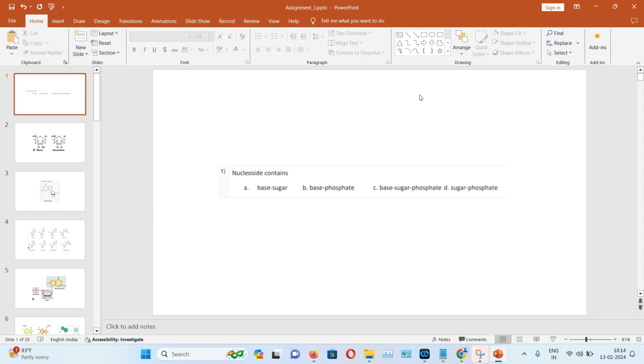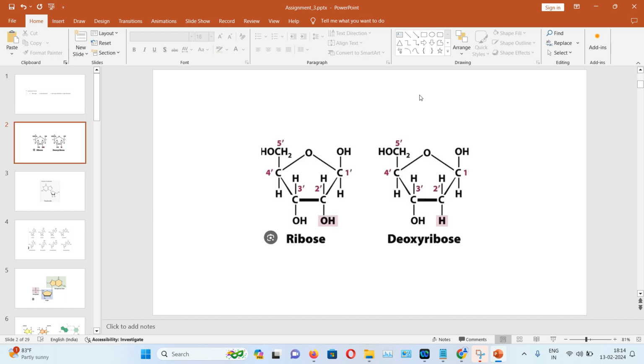Before going to the actual answer of that particular question, let us see what the two types of sugar present in our basic building block, DNA or RNA, are. There are two types of sugar present in our chromosome or DNA.